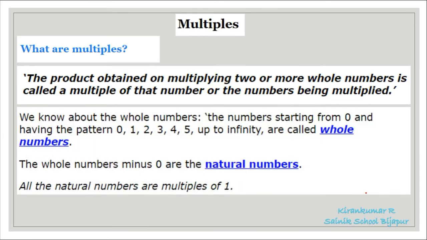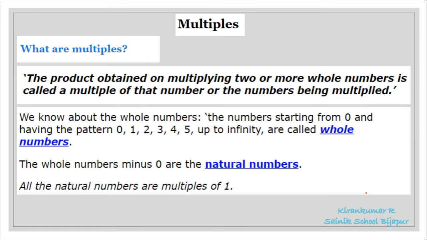We know about the whole numbers. The whole numbers starting from 0 follow a pattern like 0, 1, 2 and so on. The whole numbers excluding 0 are called natural numbers.